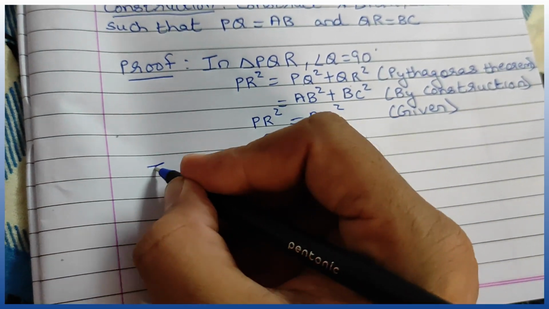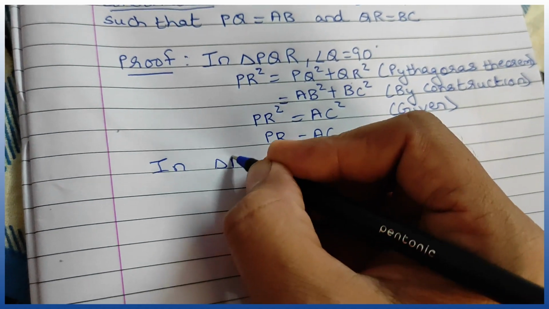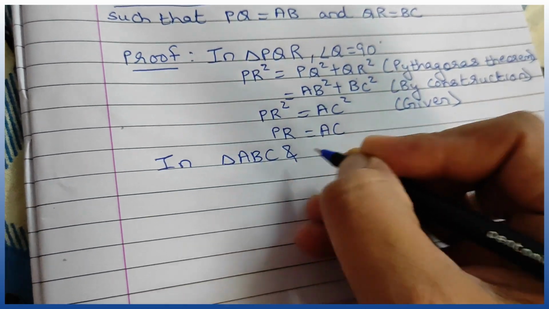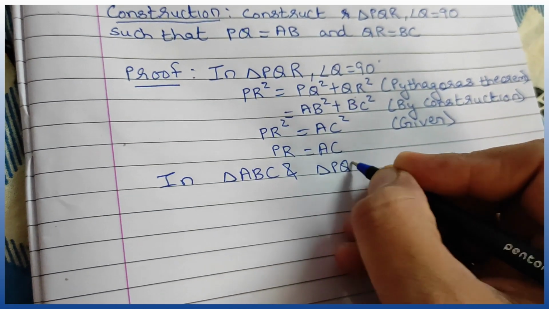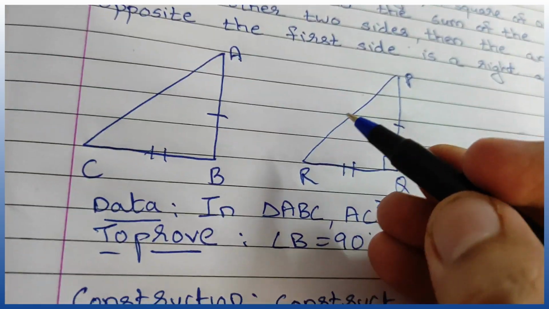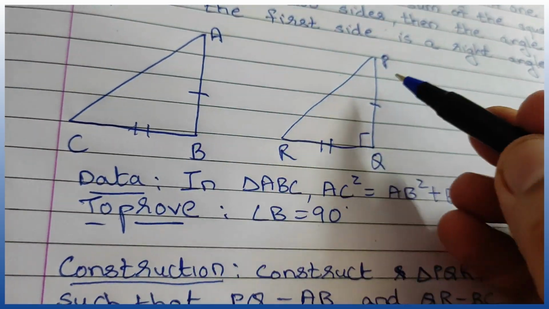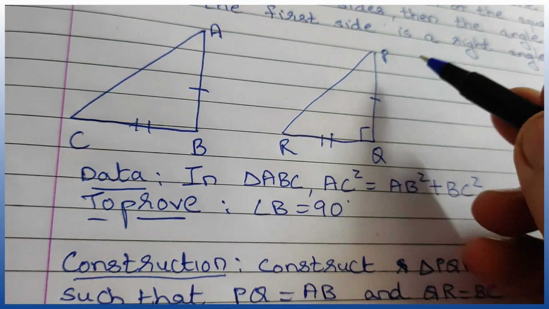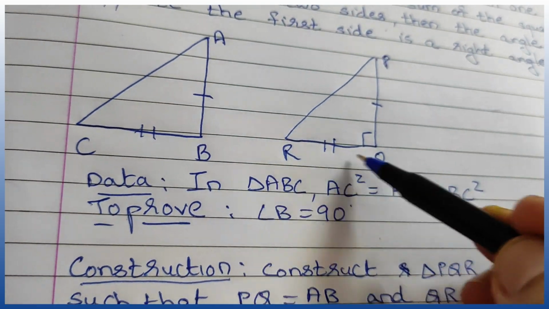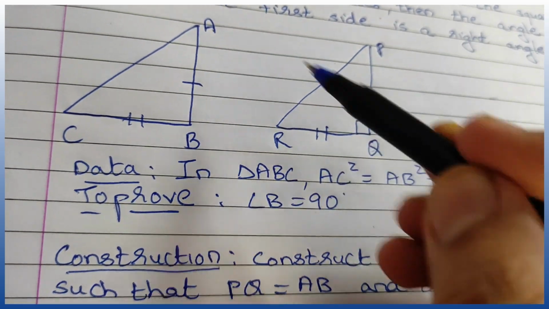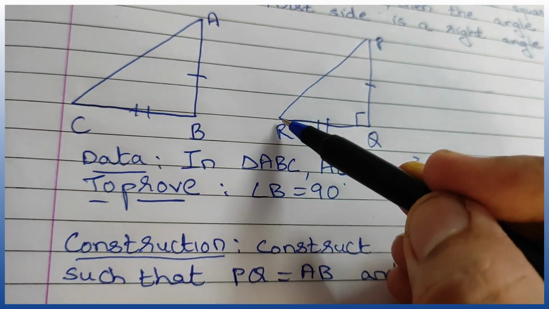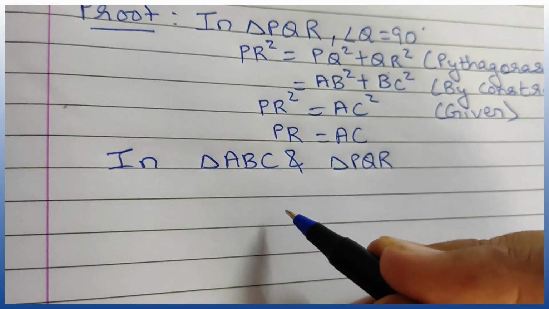Now, if you look at these two triangles, triangle ABC and triangle PQR, please check which sides are equal in both triangles. So AB is equal to PQ according to construction, BC is equal to QR according to construction, and AC is equal to PR. Just now we have proved it.